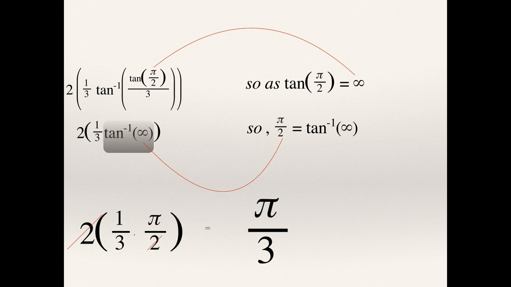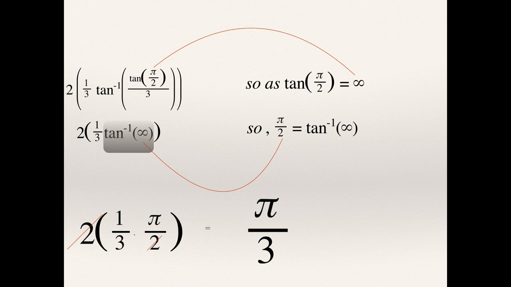If we replace in the main equation, which is 2 times 1 by 3 tan inverse of tan pi by 2 by 3, tan pi by 2 is equal to infinity, so infinity by 3 gives you infinity, and tan inverse of infinity gives you pi by 2, which is given in the arrows.